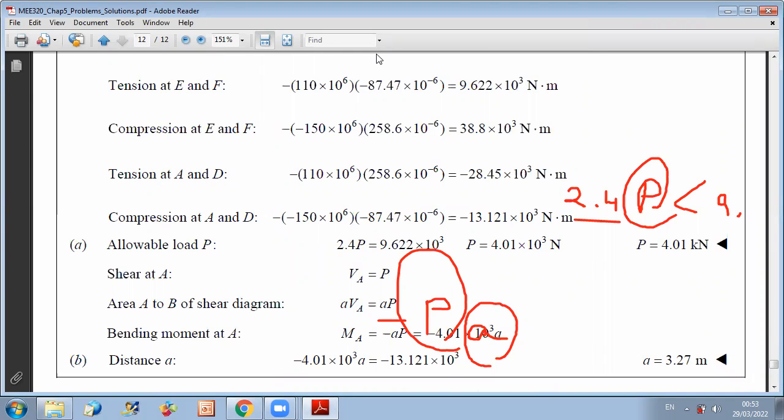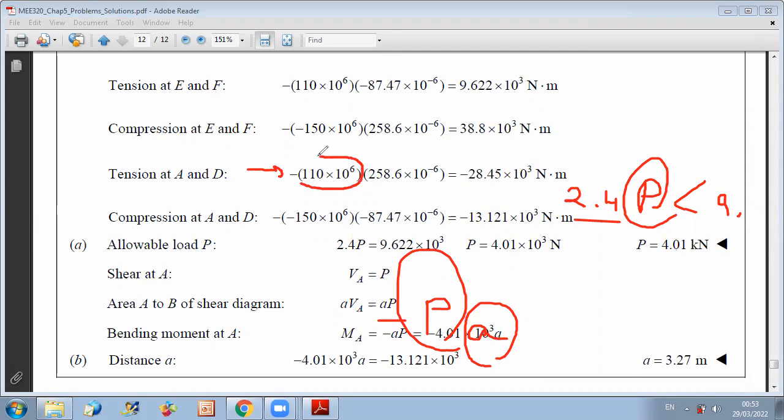Tension at A and D will take place at the upper level. So the first critical value of the bending moment is sigma tension times I over Y at the top level, because for a negative bending moment, as we discussed, the upper part will be in tension.